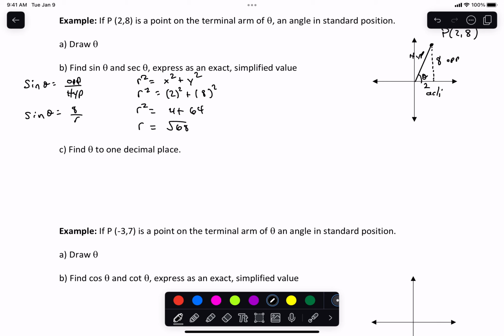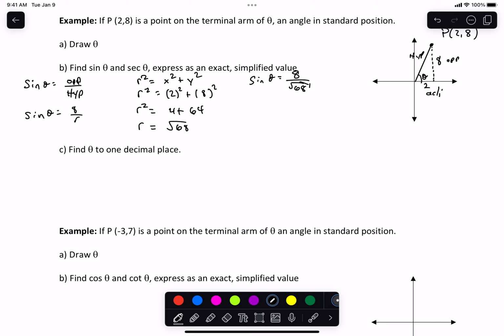Now, something's going to come back here. Something from your past. Everybody ready for this? Sine of theta is going to equal 8 over square root of 68.